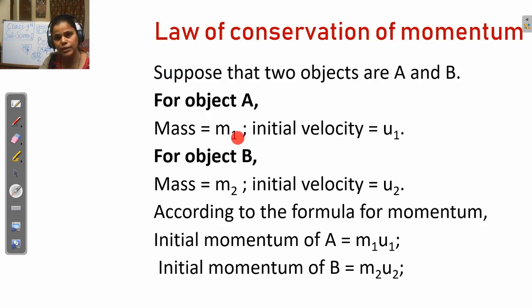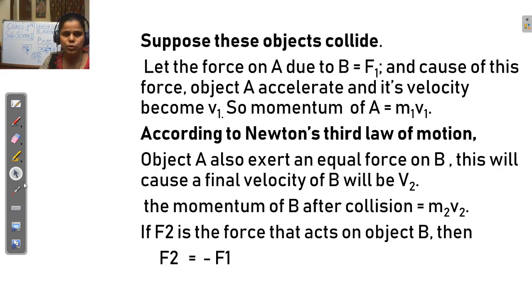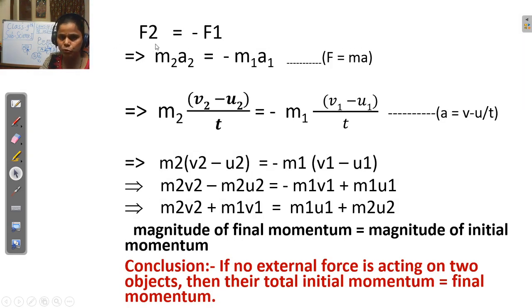First write your assumptions for both the objects and then put the formulas: F2 equals minus F1. Then put all the values. The value of F2 is F equals ma, so m2 a2, and m1 a1 for F1.